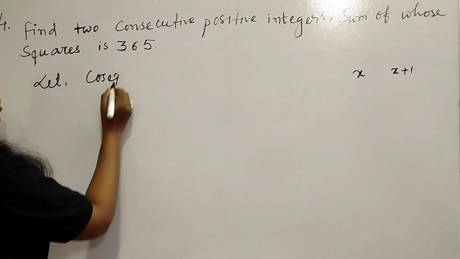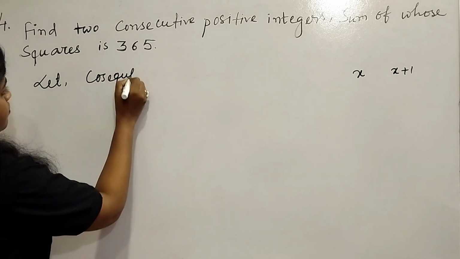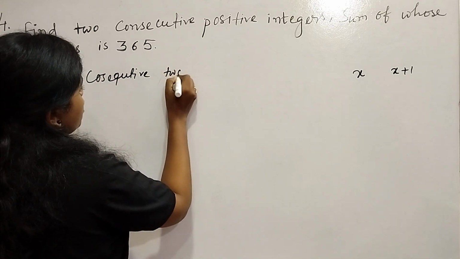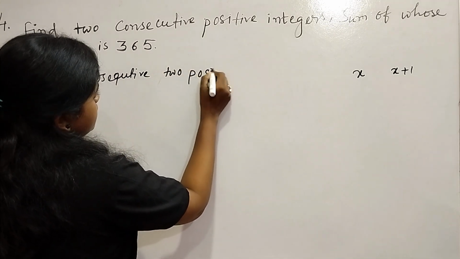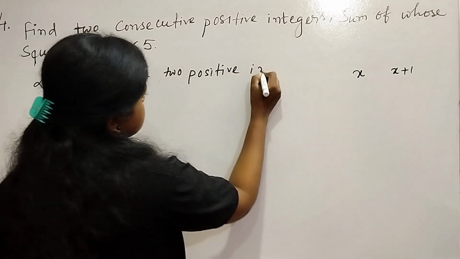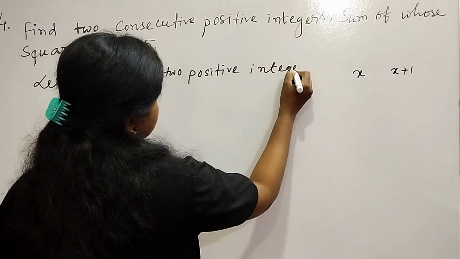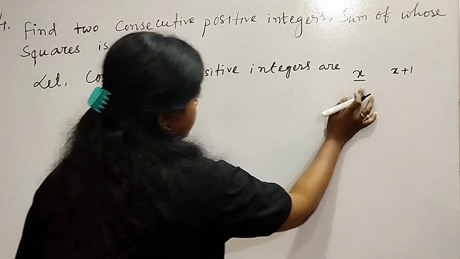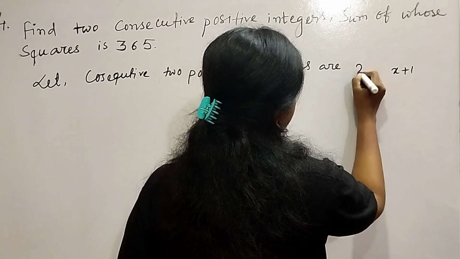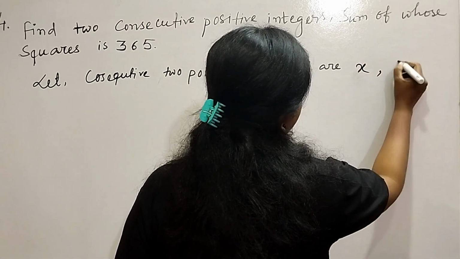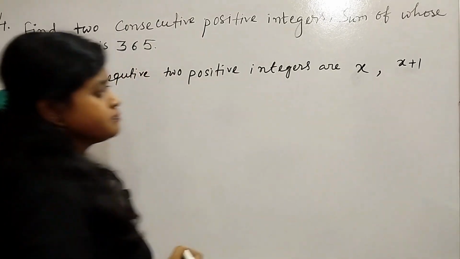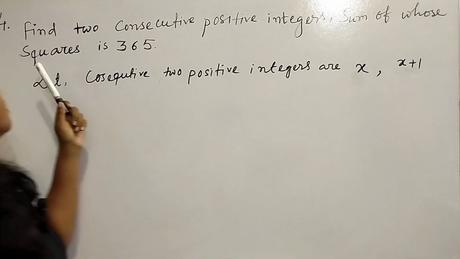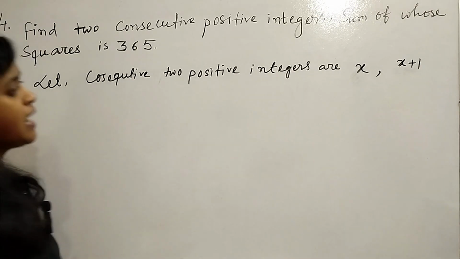So let the two consecutive positive integers be x, x plus 1, and the condition is that the sum of whose squares is 365.